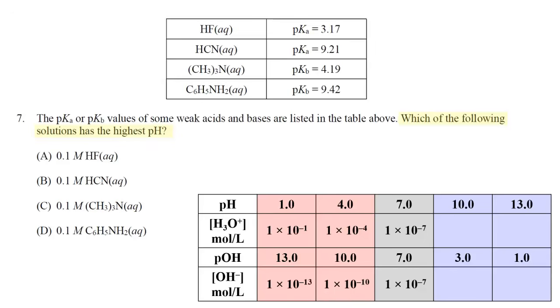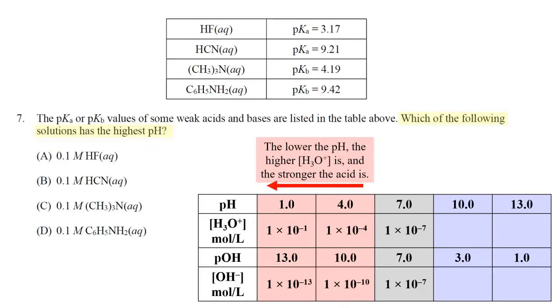So what's the general trend in this table? That as the pH decreases, the lower the pH is, the higher the concentration of the hydronium ion and the stronger the acid is.